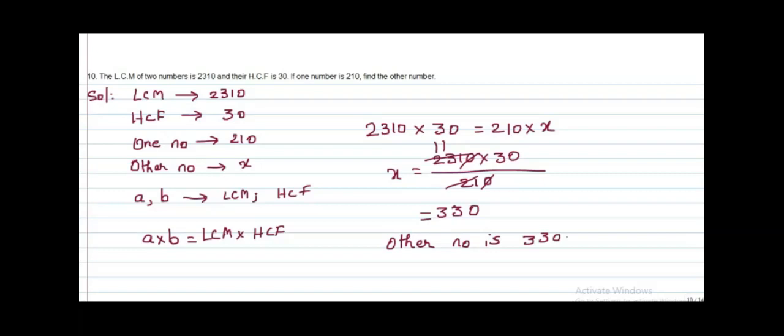Okay. Now moving on to the next question. We have: find the average of the first 9 multiples of 5. How do we find the average? What is the procedure to find the average of the given set of numbers? First of all, what are the first 9 multiples of 5?